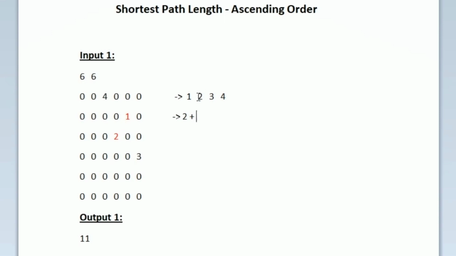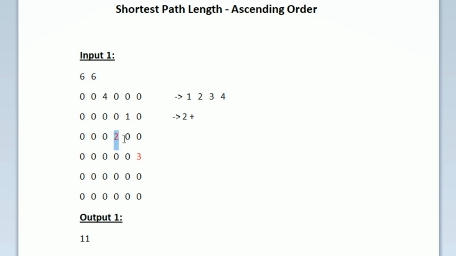And now similarly we have to calculate the distance between the points 2 and 3. So the 3 is present here. So I am highlighting it in red color and I am making 1 to black color. So now we have to calculate the distance between 2 and 3. And again we have to follow the same procedures. We can move either horizontally or vertically.